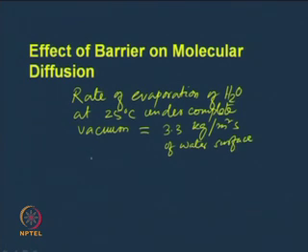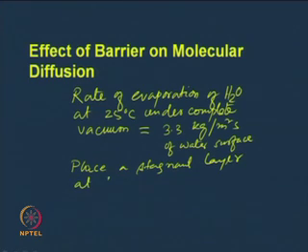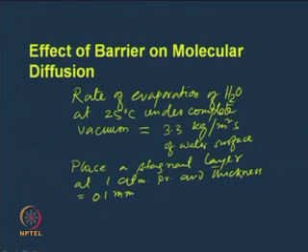Now, if we place a stagnant layer at 1 atmosphere pressure, and the thickness of the layer is around, say, 0.1 millimeter above the water surface.